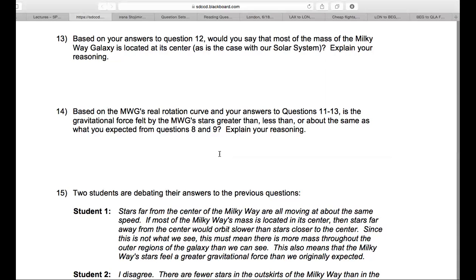So what you would expect is that stars also, the further away you go from the bulge, would move slower and slower. The fact that the speeds are not going down, but remain flat, tells you that there is more gravity than what is revealed by the stars. And that component that provides the gravity but does not emit light is the dark matter.